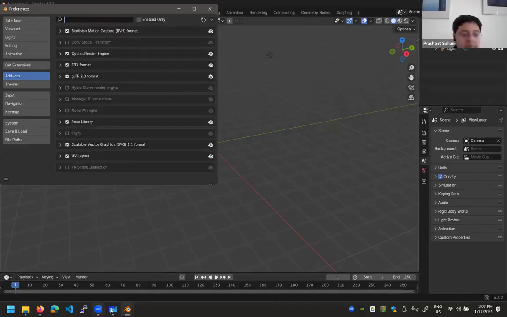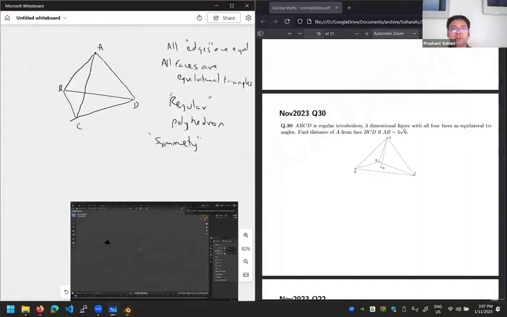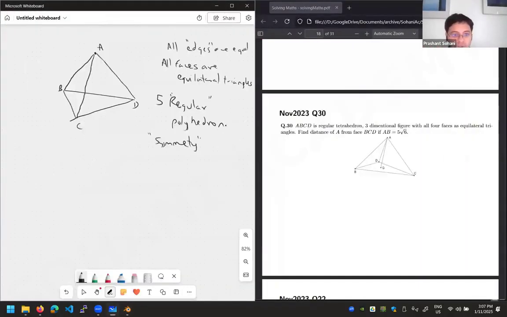Oh, I thought I had the example. Anyway, maybe next time I'll show you. There are a total of 5 regular polyhedrons, and all of them have very interesting properties. And so the important thing is symmetry.